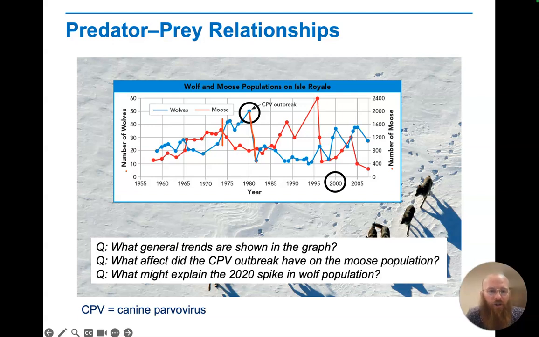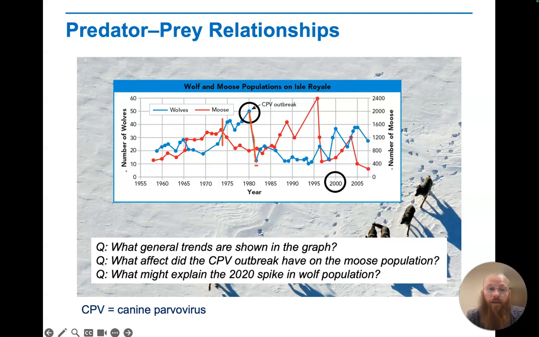But what we can actually look at is that once we have that really sharp decline in wolf population, ending around 1982, so many wolves have died that the predators for the moose are very few at this point. And so we can see in response, in the years to come, whenever there are far fewer wolves in this environment, well, fewer wolves means fewer moose are being hunted.